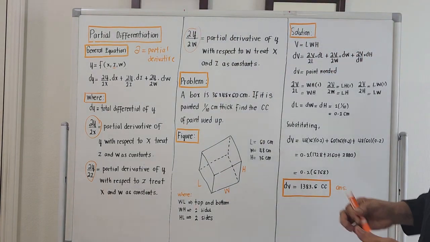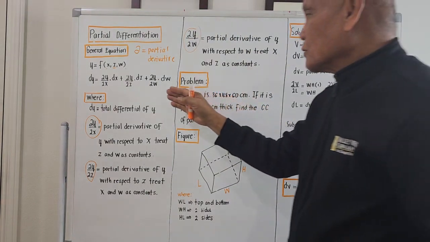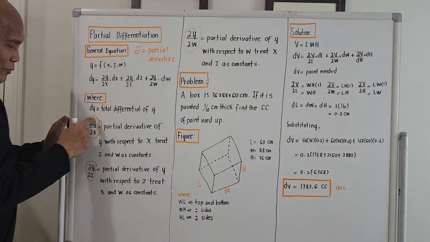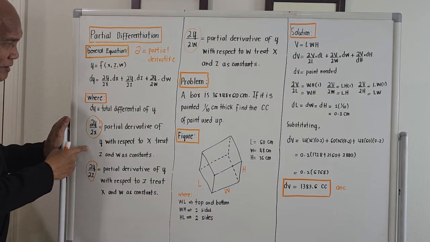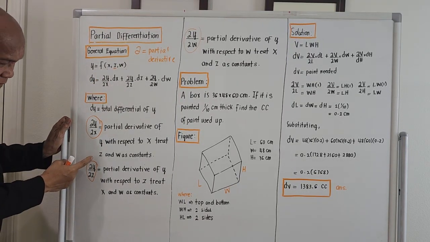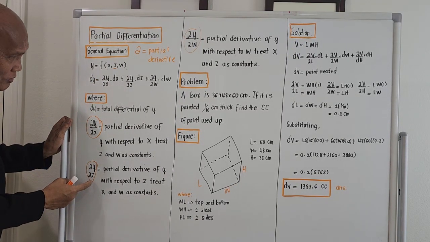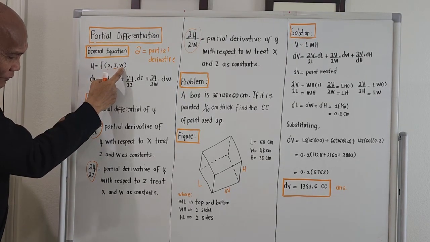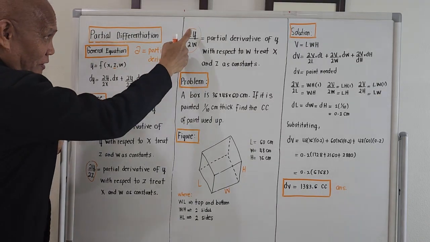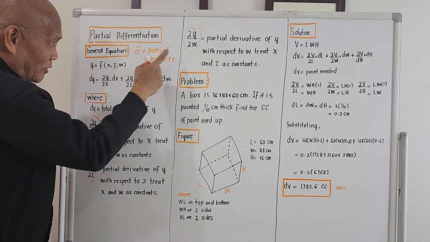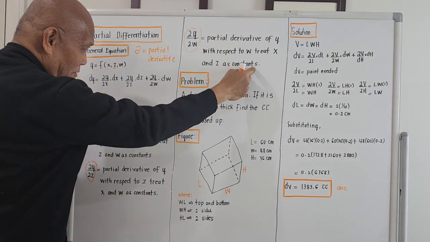That's the concept upon how to read this one. Partial derivative of y with respect to x, z and w will be constant. Partial derivative of y with respect to z, x and w will be constant. And for the last one, the partial derivative of y with respect to w, x and z will be constant.